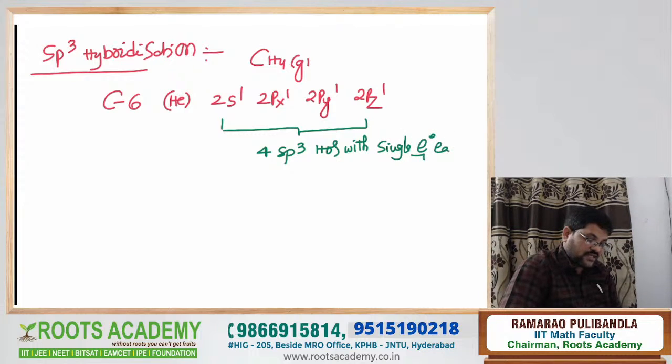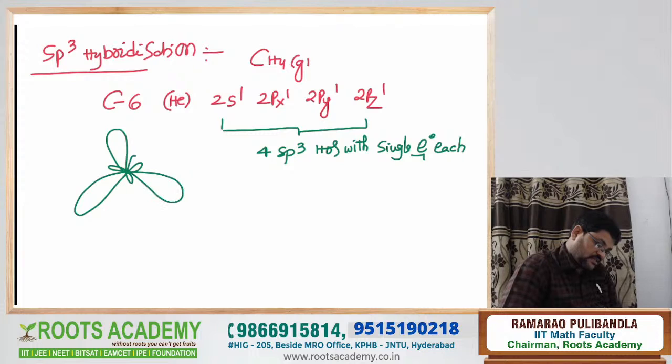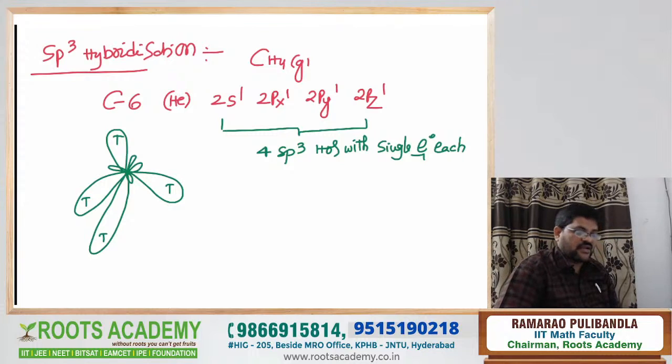This is the first sp3, second sp3, third sp3, and fourth sp3, each having a single electron. The sp3 orbitals have a dumbbell shape, and they have head-on overlapping with the surrounding atom. This is a hydrogen, spherical, 1s1.